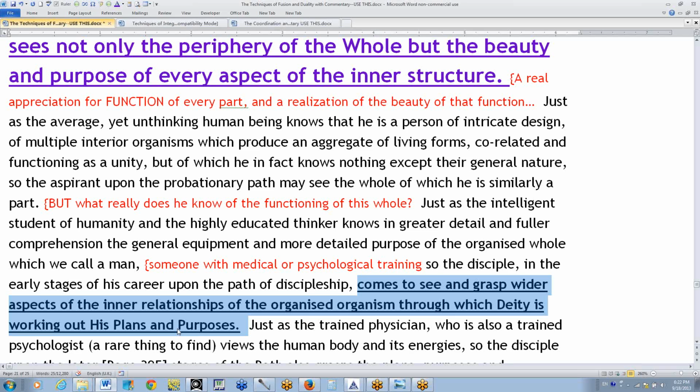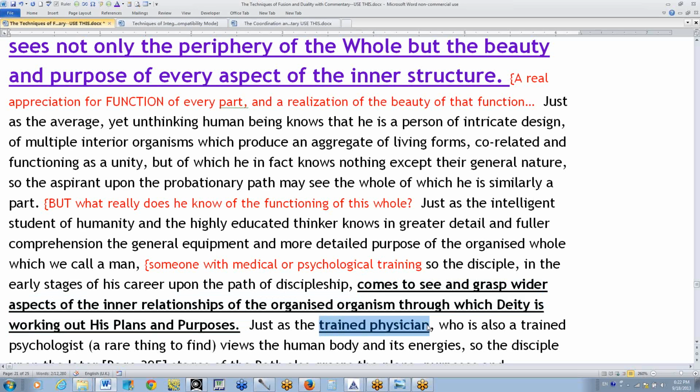And then the analogy continues, then the disciple knows more than the aspirant about the wider aspects and the interrelationships of the organism. Well, now actually he'll come to the trained physician. So I jumped the gun there a little bit. We have the average man, the intelligent man, and now the trained man, the physician or the psychologist. Right, I spoke a little too soon. But the analogy continues, and I think you can see it.